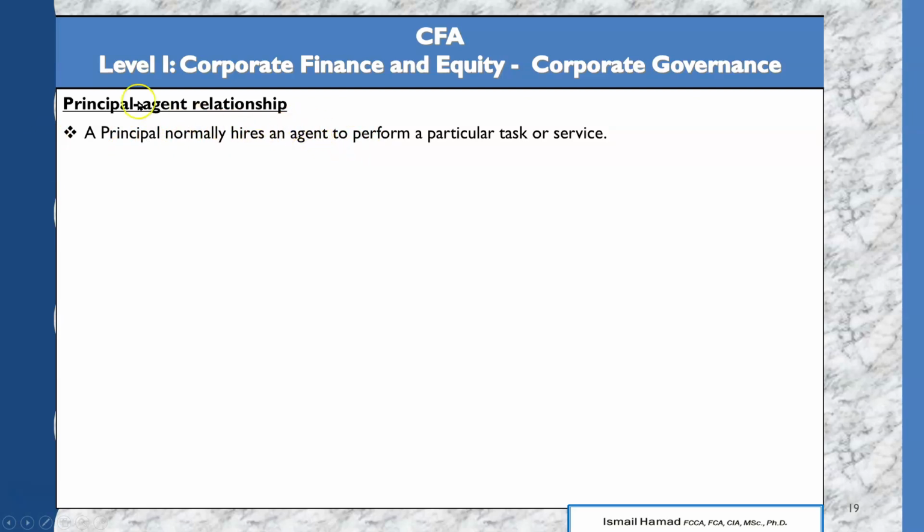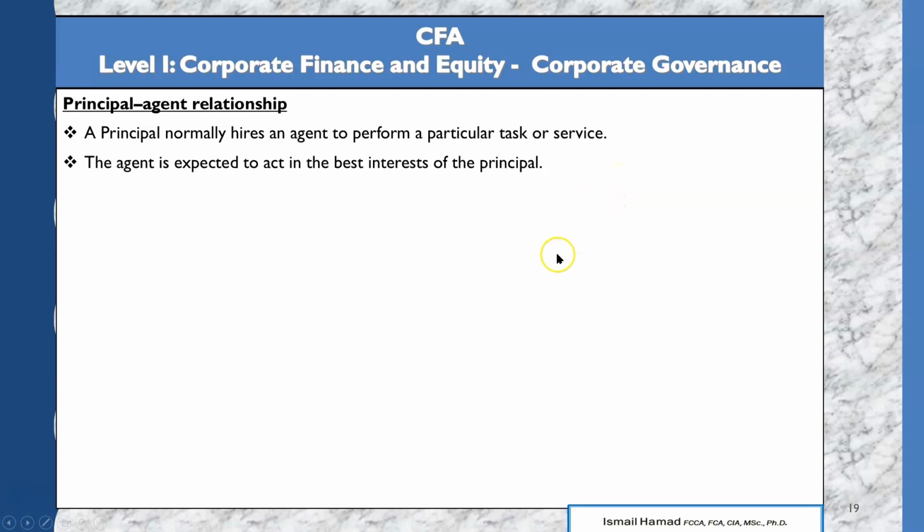It is not only about managers and shareholders, but in this context, what is meant in the context of corporate governance by principal agent is the relationship between shareholder as principal and manager as agent. So the agent is expected to act in the best interest of the principal.